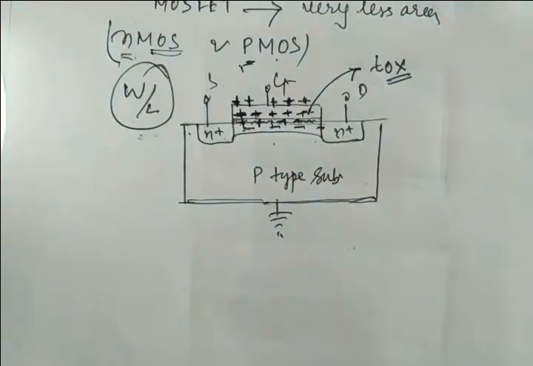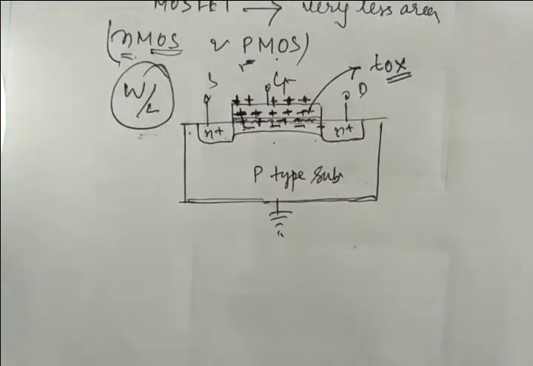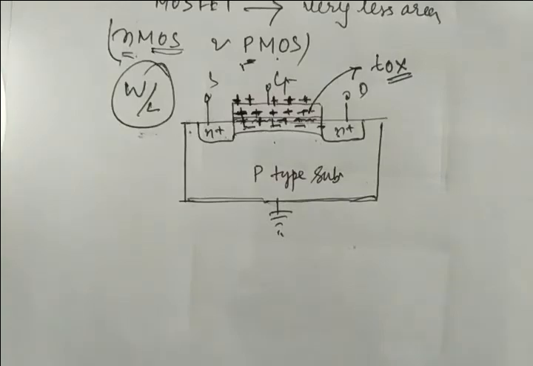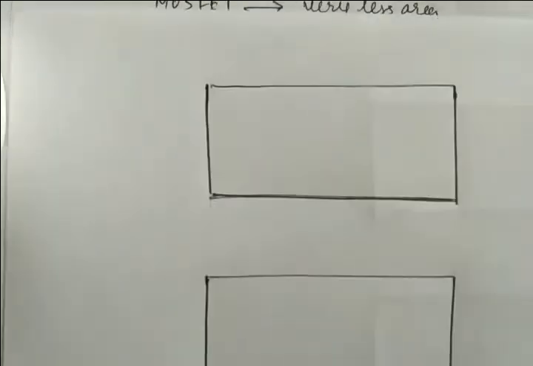Okay, so now let's start the fabrication process. Basically, I have designed some blocks, so it will be much easier to explain, because you have to draw block-wise diagrams of each and every step that I shared with you in one PDF.